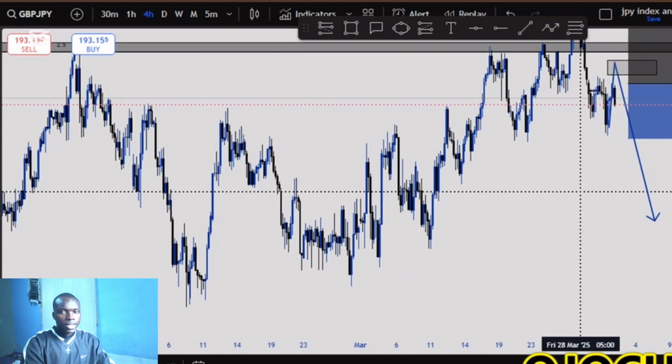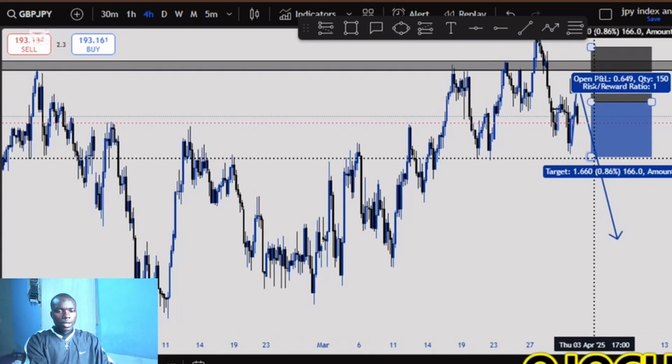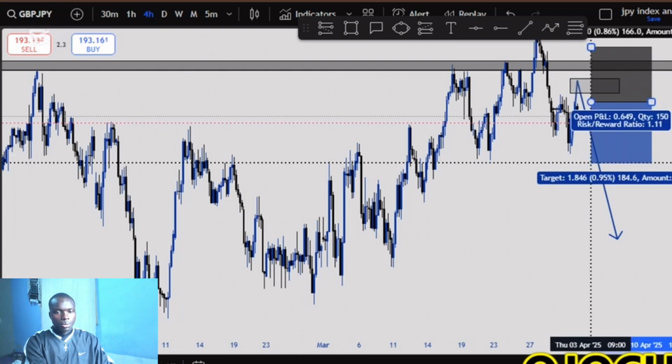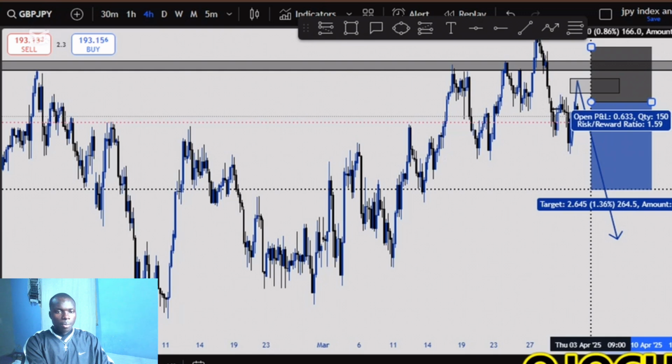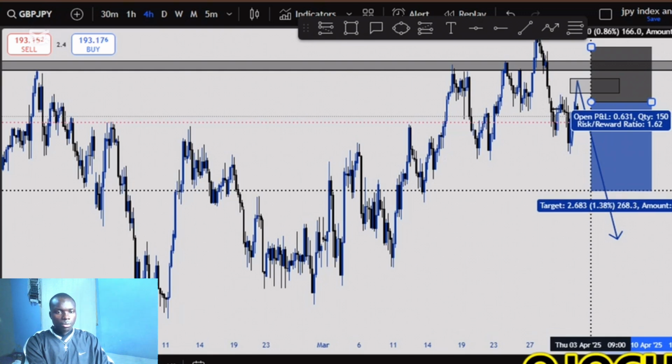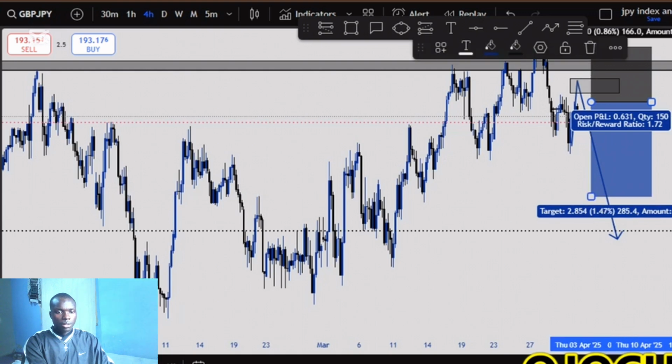I'll be going on a sell. On the GBPJPY, I'll go on a sell once I see a tap in back to this zone.